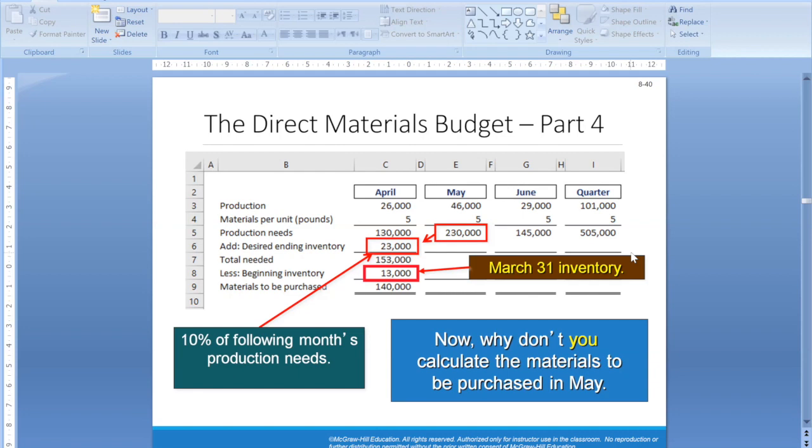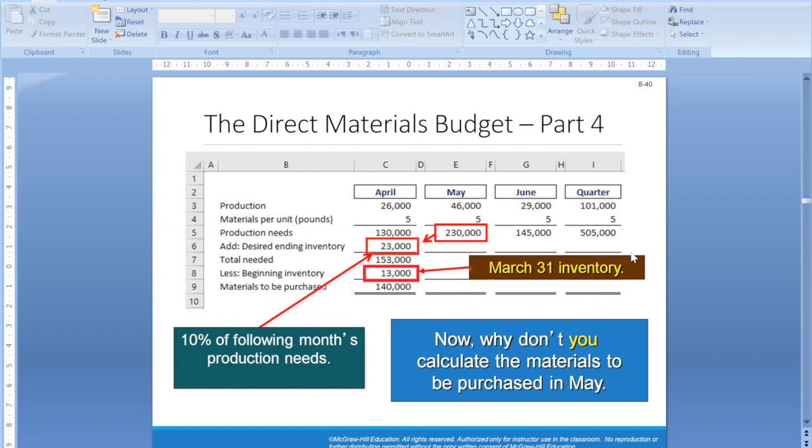The 46 refers to the finished goods, but the 230,000 refers to the pounds, which is materials, not finished goods. So I need to keep 10% of 230,000 in April as an ending inventory of April. So 10% of 230 equals 23,000. This will be an ending inventory for April.